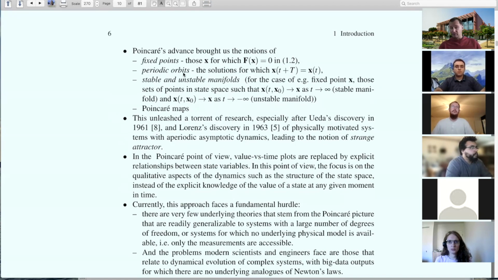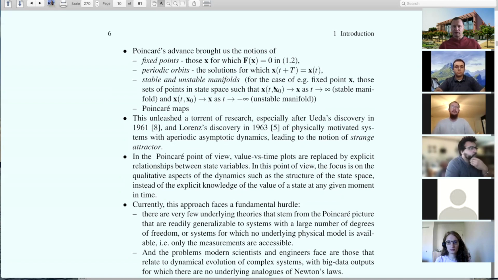Now, more complicated solutions are periodic orbits. They are those for which you start at some time t, and at some later time capital T, you get back to the initial point. Stability of these can be studied as well. Another important class of solutions is stable and unstable manifolds.